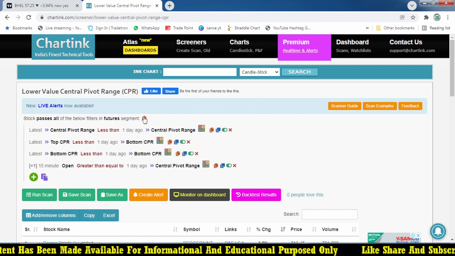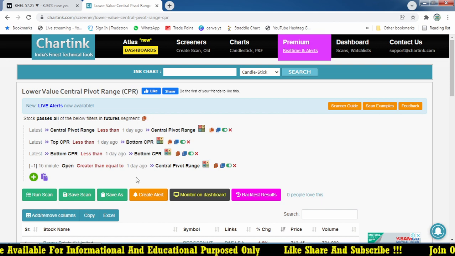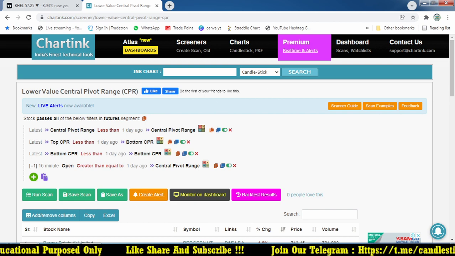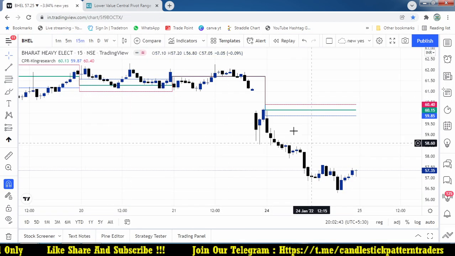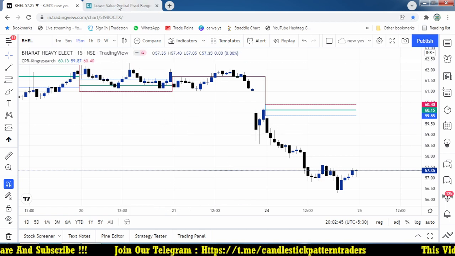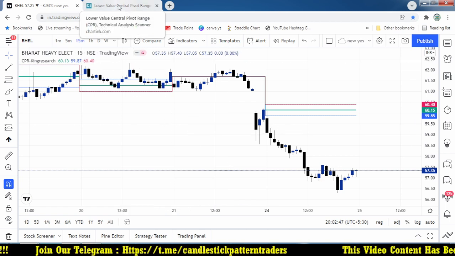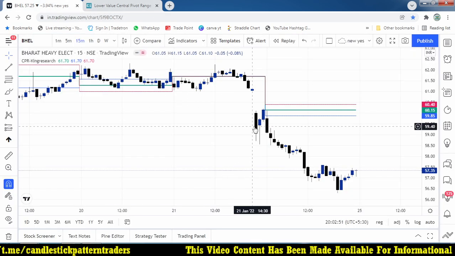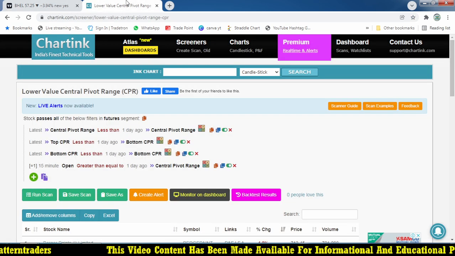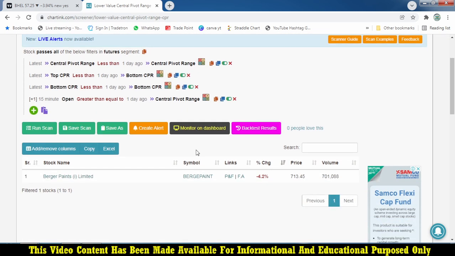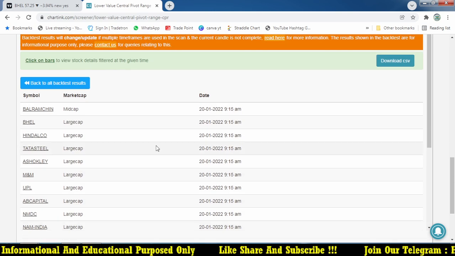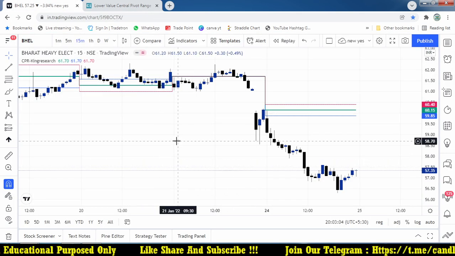But here the first 15 minutes open is greater than or equal to the central pivot range of 1 day ago. That means this is the latest open, right? Maybe we will calculate this open against day ago everything. This one is Berger, and 1 day ago, let me try Balram Singh, whether it is right or wrong.